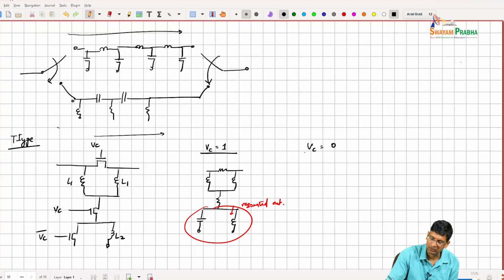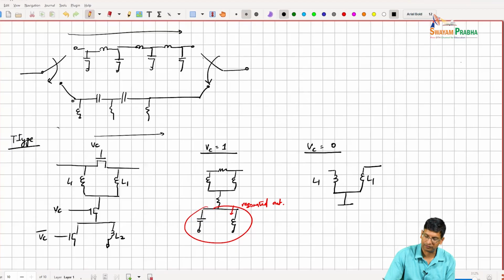In the VC equal to 0 state, right? Then you're basically getting L1, L1, and then there is the off-state capacitance of this transistor, right? So that's giving you that C, and then this is on, so this is basically turning on R on.